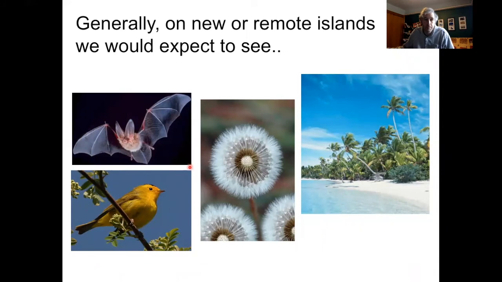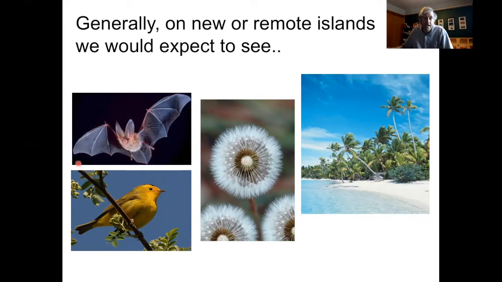This is why on many small islands, the only mammals that you find are actually bats. So there are no native mammals, for example, on most of the islands of New Zealand. There are, however, several bat species that exist on small islands off the coast of New Zealand. In addition, birds. We see an awful lot of birds on islands because they're able to fly and they end up getting crossed over.